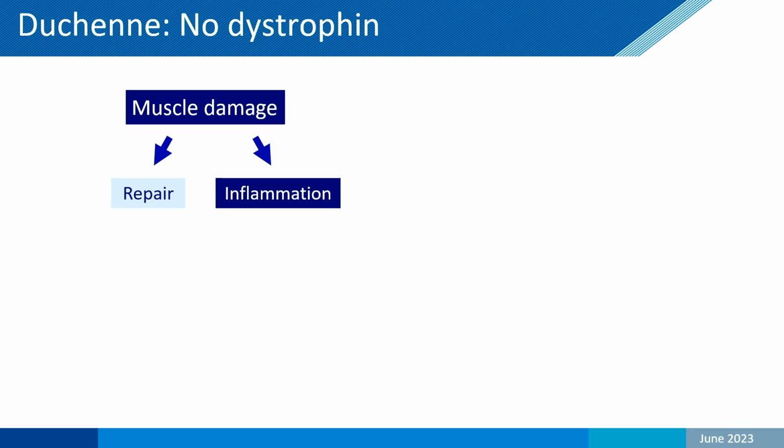So when the debris is being cleared, you don't want the rest of the repair to happen. So the problem is, if you have chronic damage, there's always some damage happening somewhere. And that means that even the places that are now ready to repair are not repairing because they still get this signal, don't repair, we're still in the clearing away the debris phase.